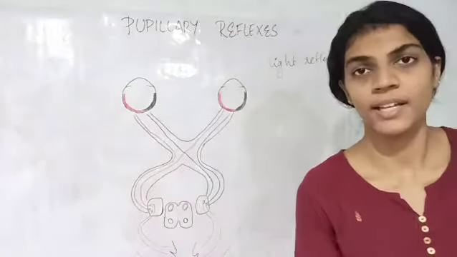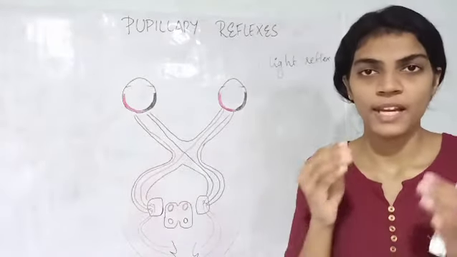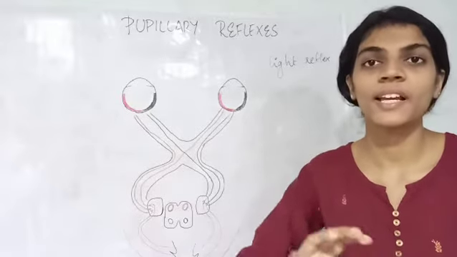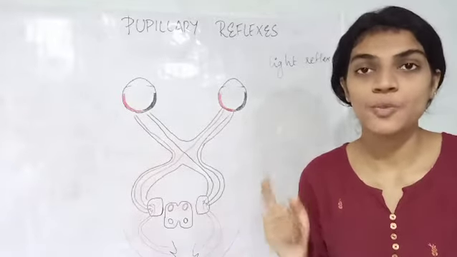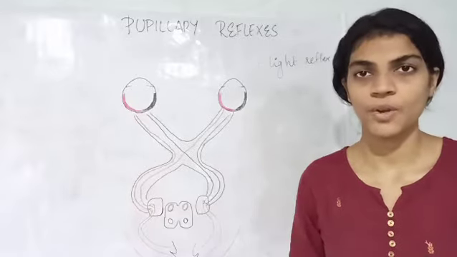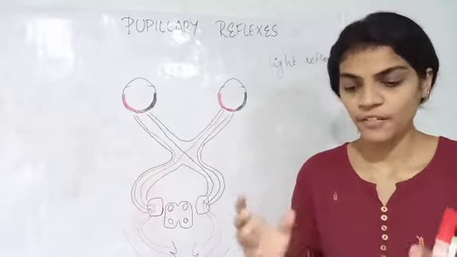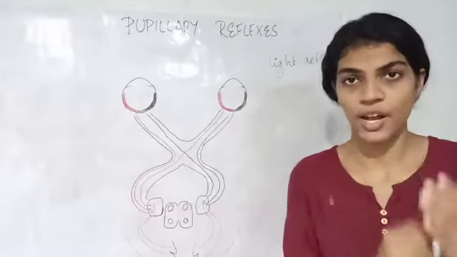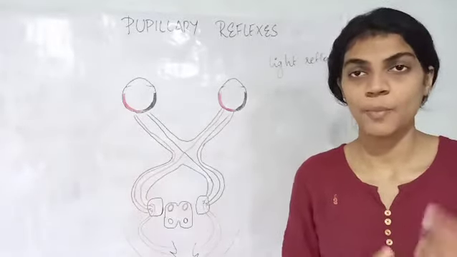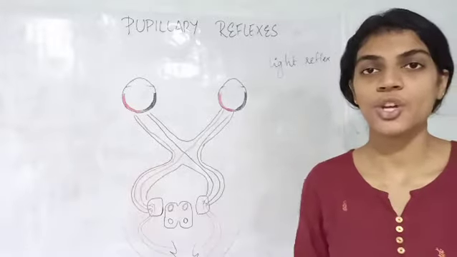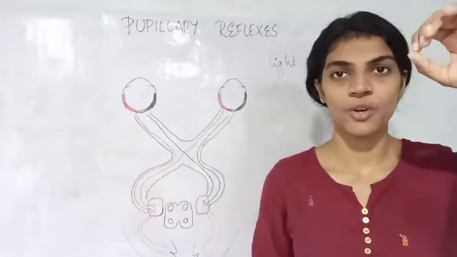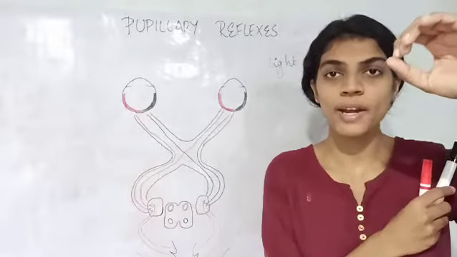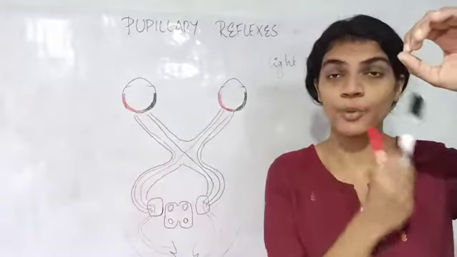So what is the light reflex? The light reflex is the reflex by which the pupil will contract in response to light. You might have observed, if you throw some light into one of your eyes, suppose you take a torch and this light is directed into your eye, what happens to the size of the pupil?